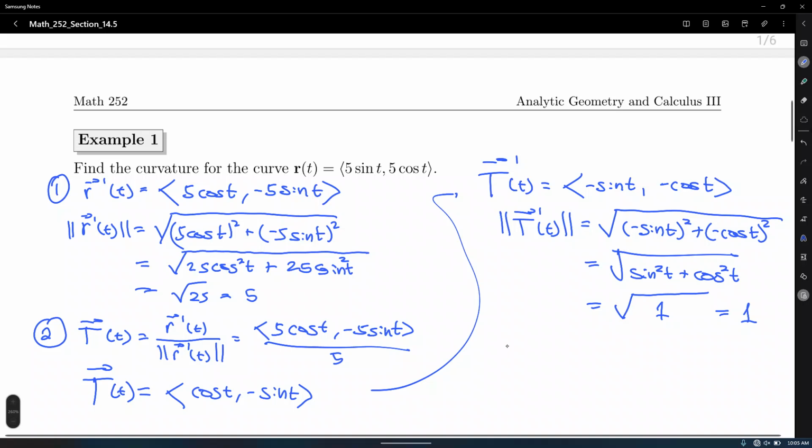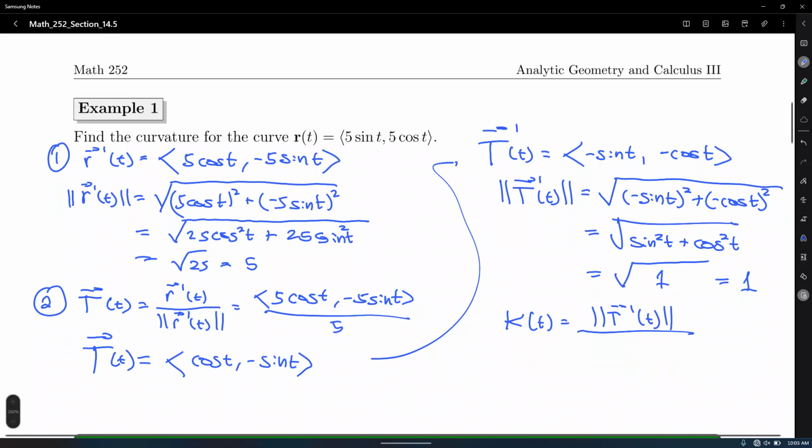Okay, well, let's get the curvature, kappa of t, that equals the magnitude of the derivative of the unit tangent vector. Oh, well, the thing is, in some cases, the derivative of the unit tangent vector may not be a unit vector. That's why it's silly in this case, but not in other cases.